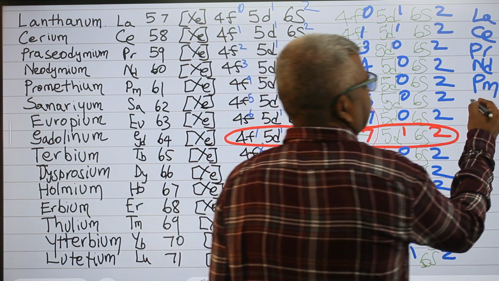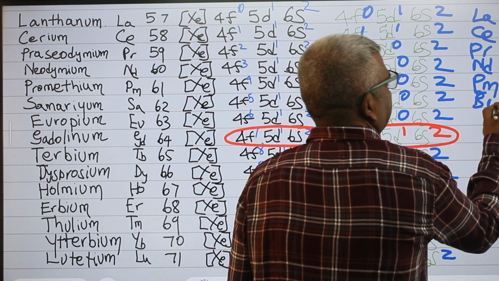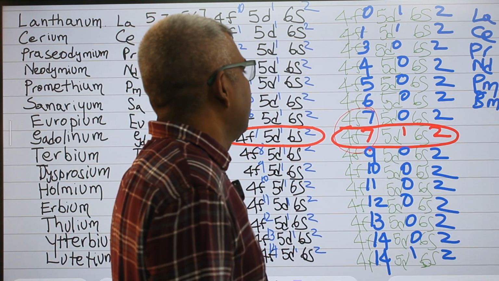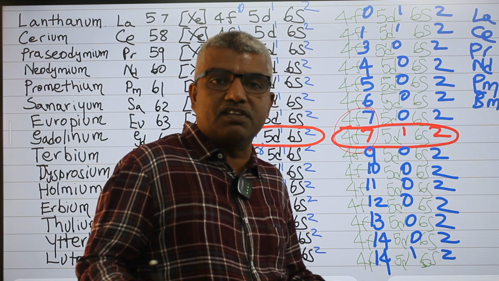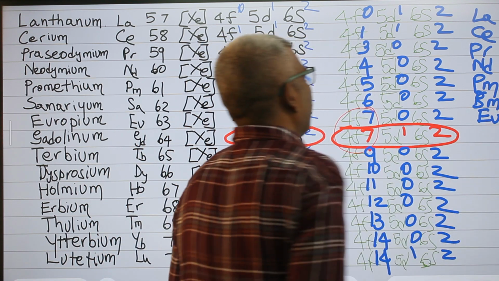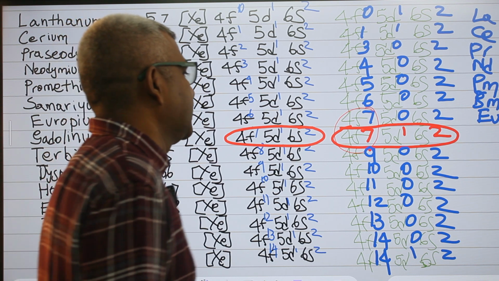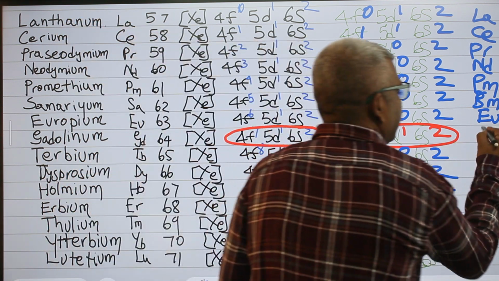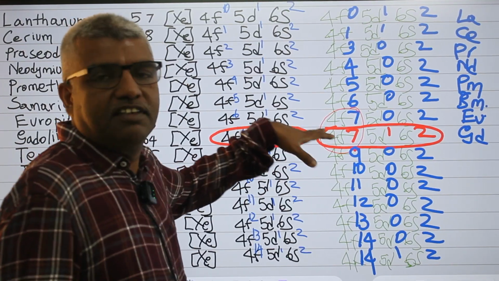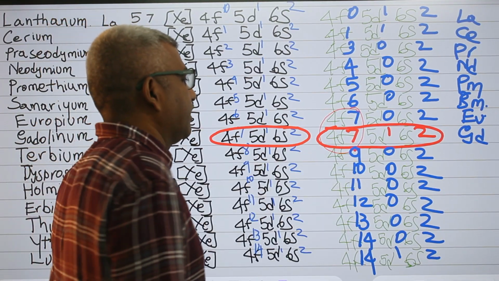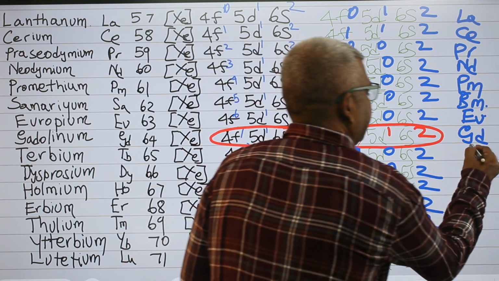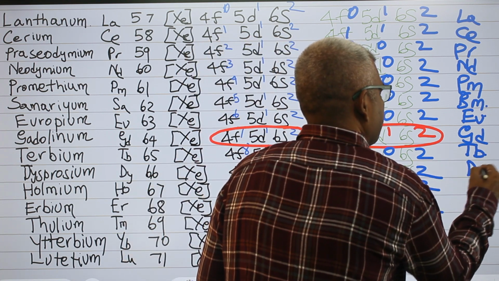Samarium, Sm, 4f6, 5d0, 6s2. Europium, 4f7, 5d0, 6s2. Gadolinium, what is the specialty? The expected and actual are the same. Gadolinium 4f7, 5d1, 6s2.